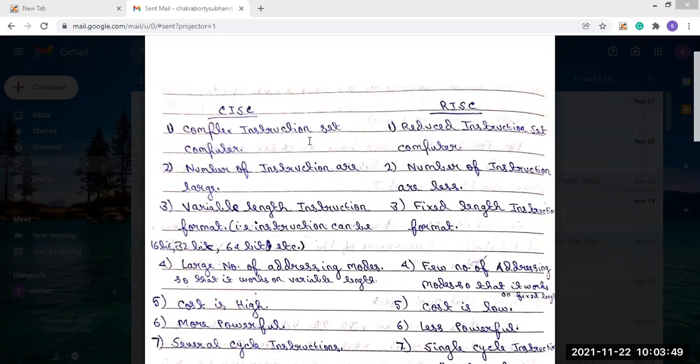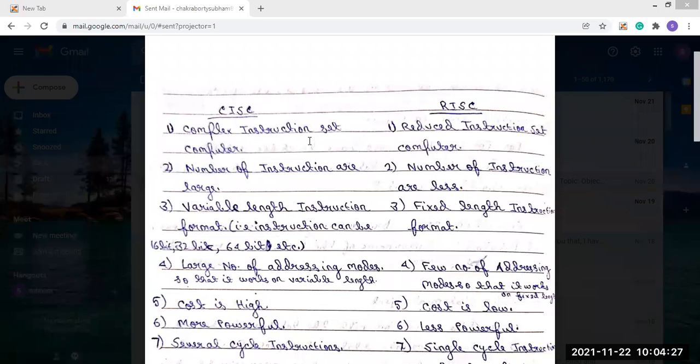If the instruction format is of variable length, a large number of addressing modes is required to construct it. But for RISC, it is a fixed length instruction, and that's why a few addressing modes are required for RISC.